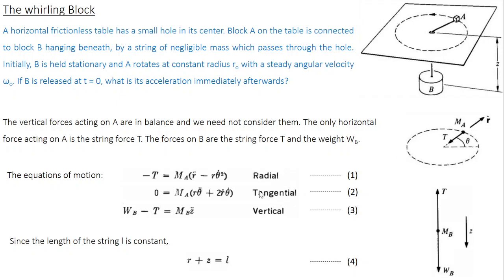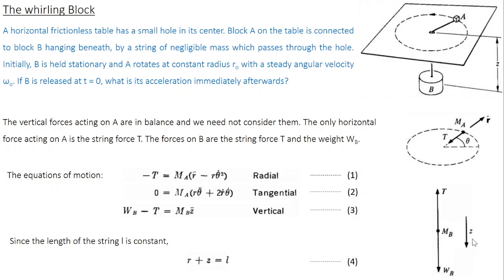Writing down the tangential equation of motion, as you can notice, there is no tangential force acting on this object, so tangential force is 0, equal to mass into tangential acceleration, which is r theta double dot plus 2 r dot theta dot. So these are the equations of motion for object A.